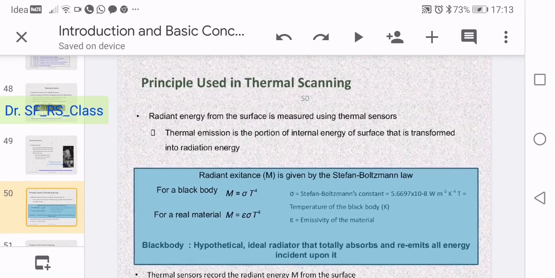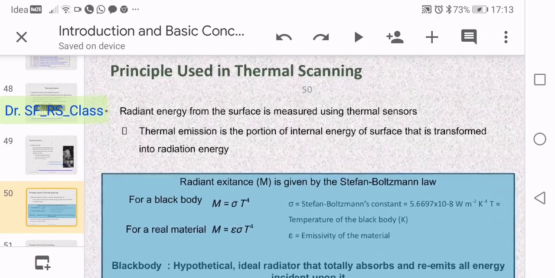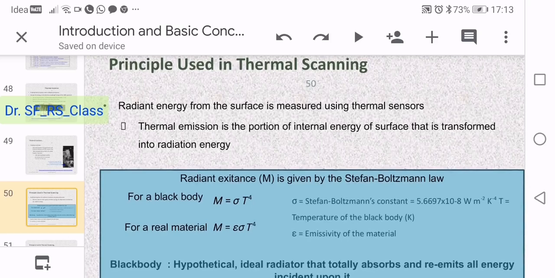So let us see some of the principles of the thermal scanning, where it basically measures the radiant energy from the surface, and it's measured by the thermal sensors, as we have told earlier. A lot of thermal sensors are kept at various bandwidths in the thermal area, and the radiant energy of the objects will be sensed by these sensors.